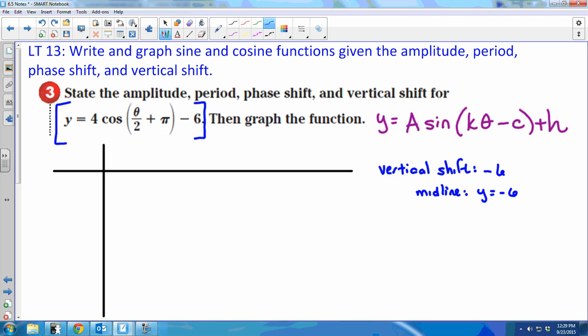Okay, so we're good. So the first thing we're going to graph: I'm going to go down here and go 1, 2, 3, 4, 5, 6, and I'm going to put a dashed line in here to show the midline. That's my new horizontal axis, like my new x-axis when I'm graphing.